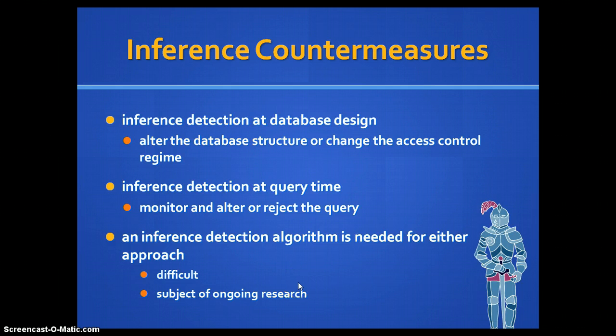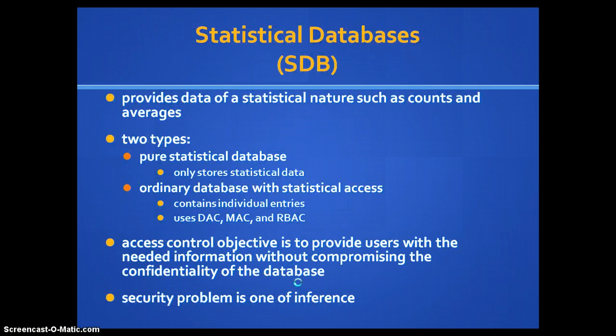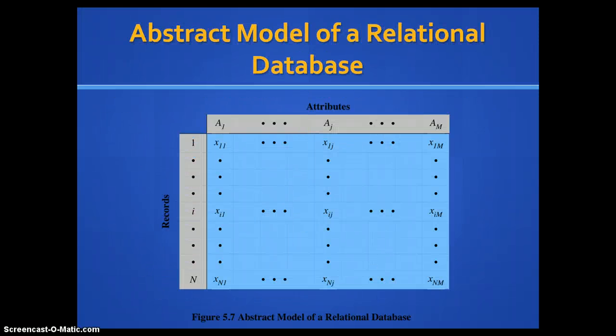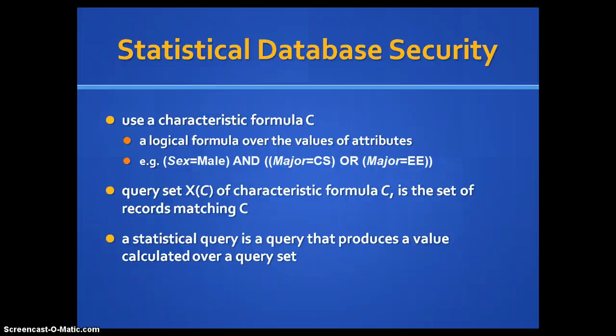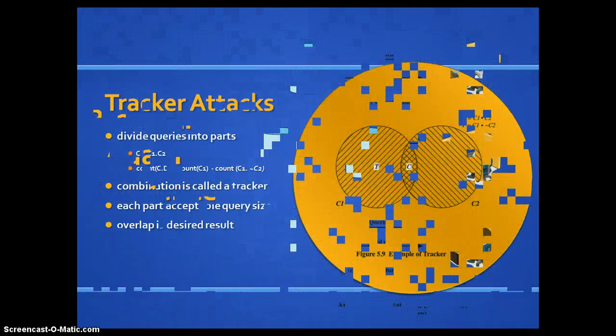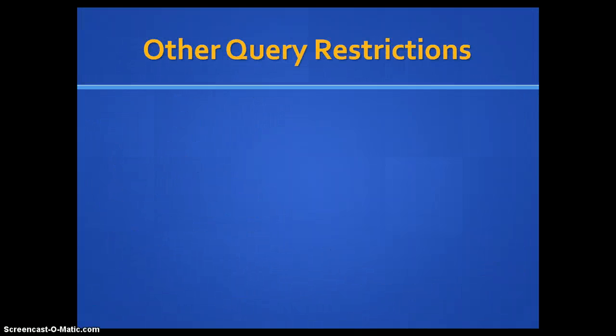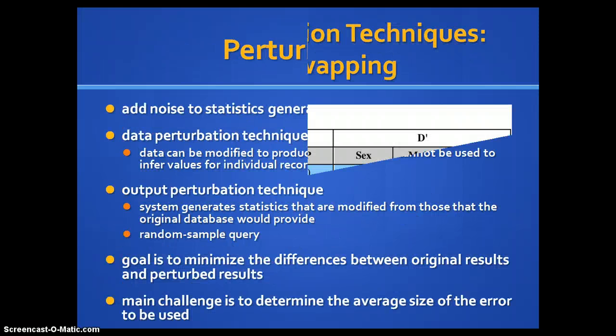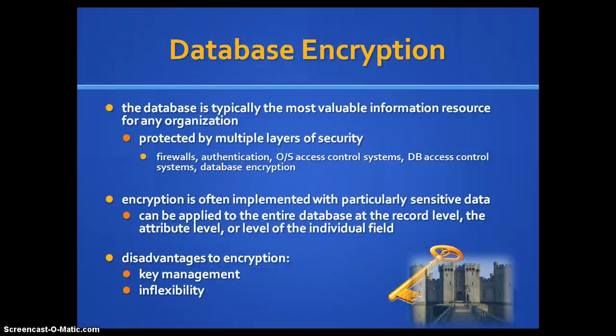If we go with each other here, we will see that we have different types of database such as the statistical database, and we will talk a little bit also about statistical database security. By the end of this chapter, we will go to what we call database encryption, which is also related to security.